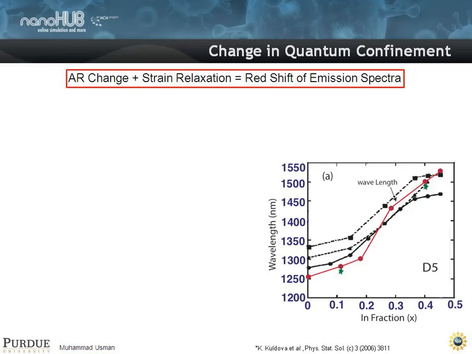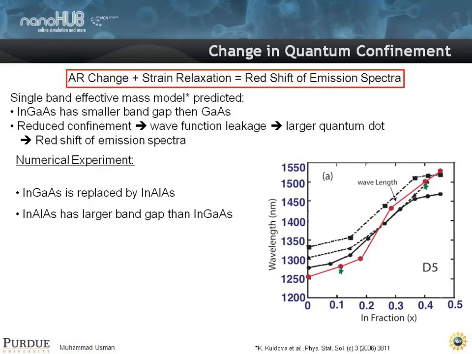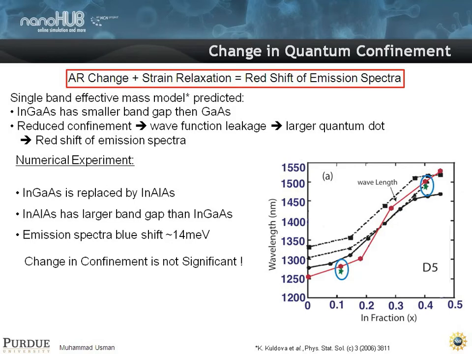The single band model would have predicted a redshift of the emission spectra due to a reduced confinement. In our numerical experiment, we introduce a material as a buffer that has a larger gap, so it should repel the electrons to be closer in the dot if leakage were a problem, and we get the same result. That means the change in confinement on the wave function is not a significant effect.